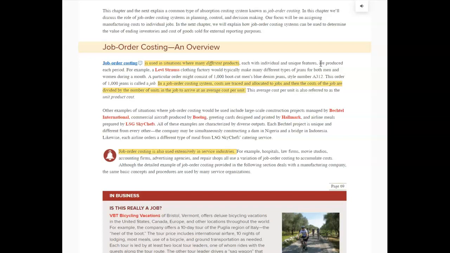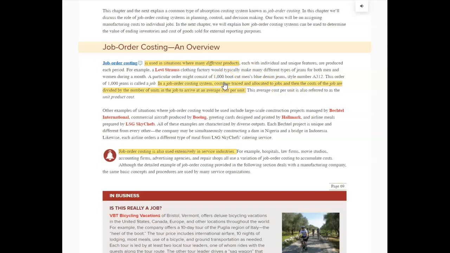Or a job could consist of, like the example here in the book, 1,000 jeans of a certain style. The style number A312 on these jeans will need a certain amount of material per jean, a certain amount of snaps or zippers or decoration or whatever. And you could make 1,000 of these in one production run, and that'll be one job.